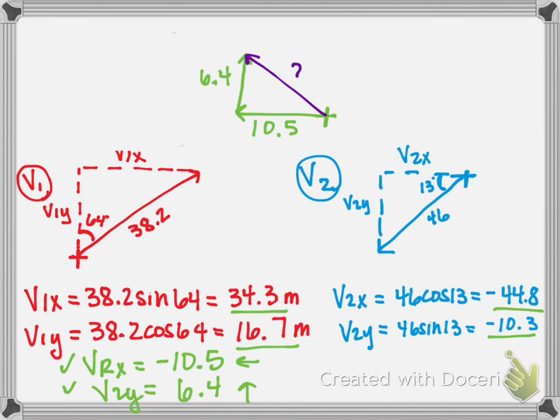Okay, so that's what I'm looking for, and that's what I'm looking for. So to find that hypotenuse, I'm going to use Pythagorean theorem. So a squared plus b squared equals c squared got me 12.3 meters. Then I'm going to use inverse tangent to find my angle.